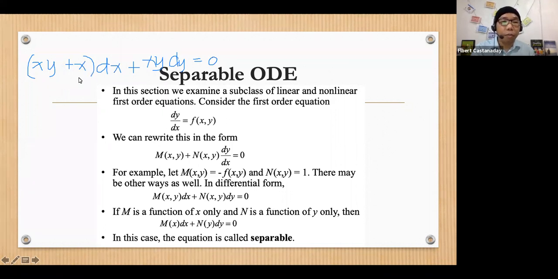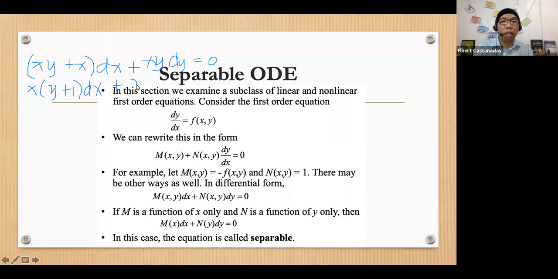Now, for the first term, since this is xy plus x, looking at this coefficient, we can factor out x, right, since x is common to each term. So this becomes x times, what is left in the first term? You have y. What is left in the second term? So, 1. So what I did is I factored this coefficient into x times y plus 1, right?